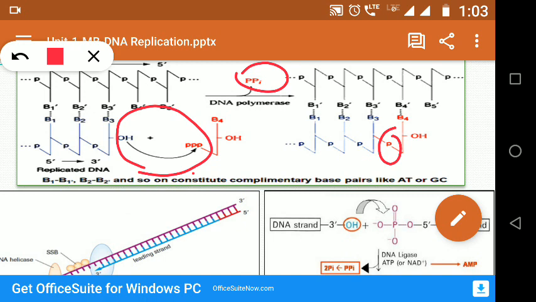The substrates are dNTPs, and to form a phosphodiester bond, 2 ATPs are required. 1 PPi is equal to 2 Pi, equal to 2 ATPs. So for each and every addition of 1 deoxynucleotide, it requires the energy of 2 ATP molecules.